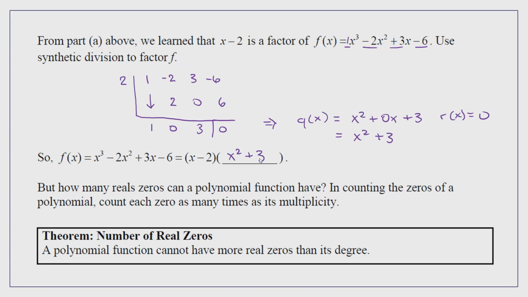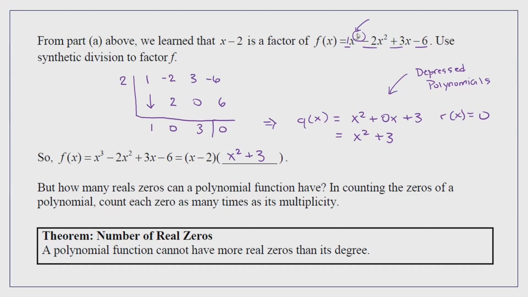Okay, now q of x, just want you to note, is considered a depressed polynomial, because it's 1 degree lower than the original function. So the original function f of x had a degree of 3, and so the quotient will be 1 less than that degree, which is 2.